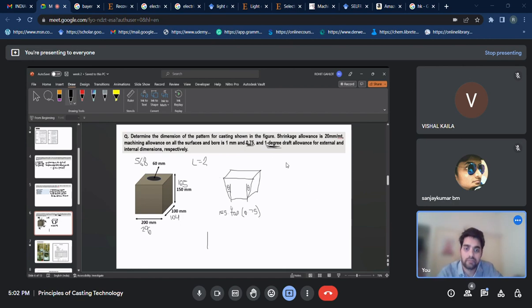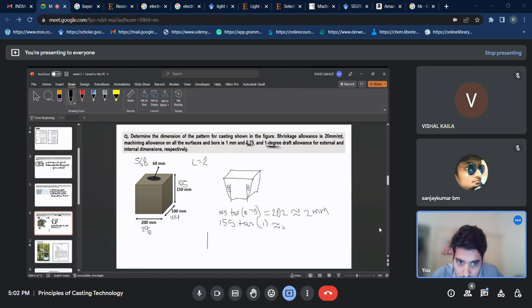So it will be 155 into tan of your angle, 0.75. This is how your length will be increased. You need to increase it for the external part. If you calculate, it will come around 2.02, which can be approximated. We will take it as approximately 2 mm only.